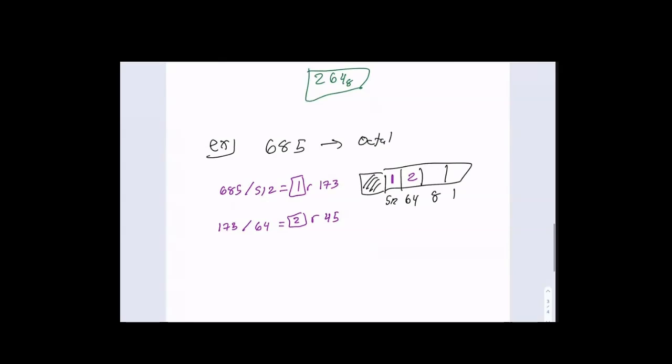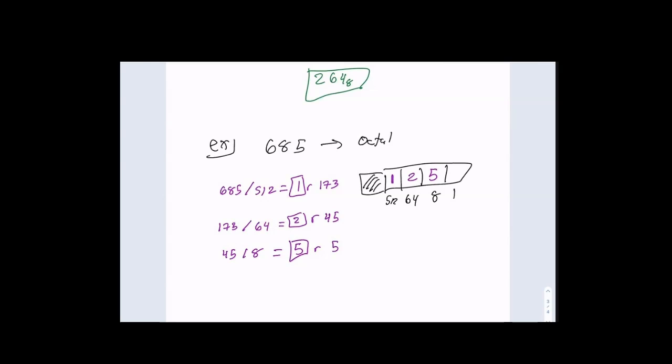And what am I going to do with that 45? Divide by 8. You get 5. And 5 times 8, I think we can do the last ones in our head. What's 5 times 8? 40. So what's my remainder? 45 minus 40, 5.